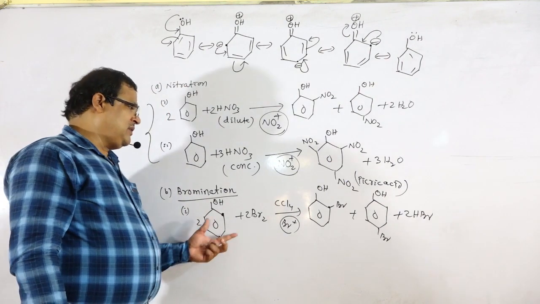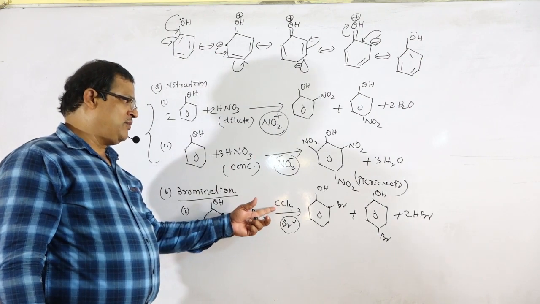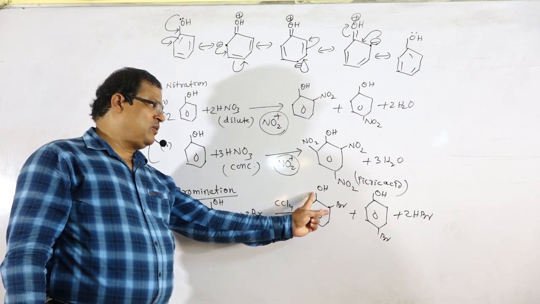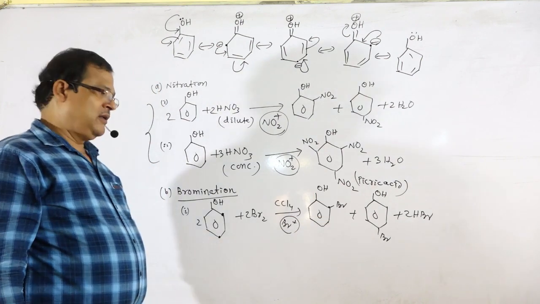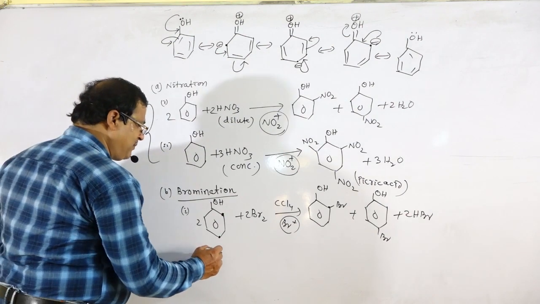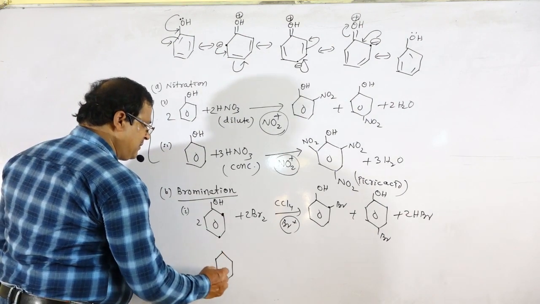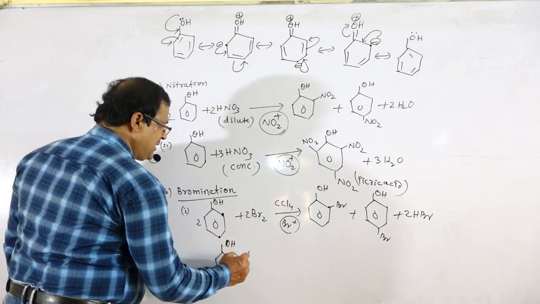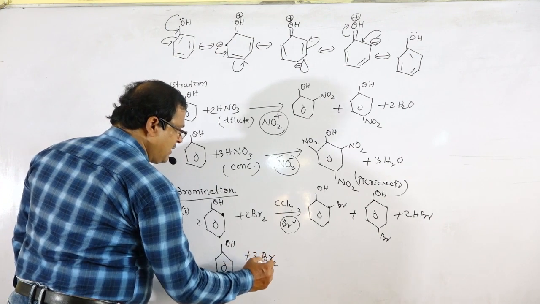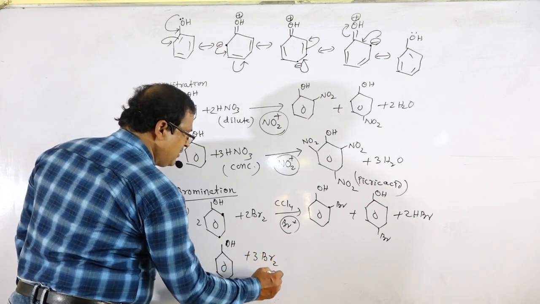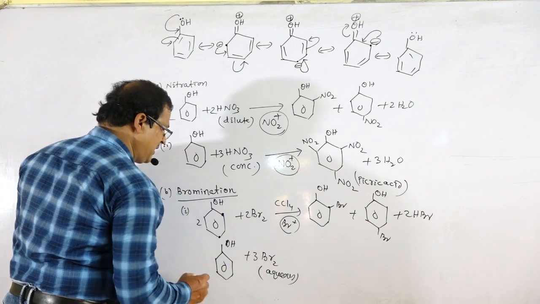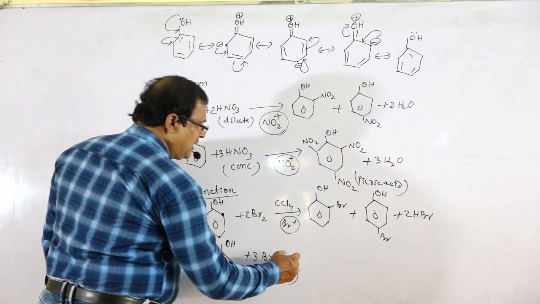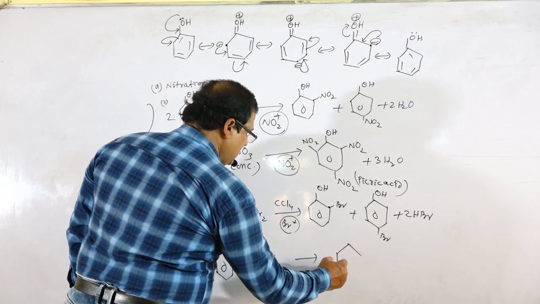Whenever phenol is treated with bromine in presence of CCl4, carbon tetrachloride, there is the formation of orthobromophenol or para-bromophenol. But whenever phenol is treated with aqueous bromine, all the ortho and para positions are replaced by bromine.